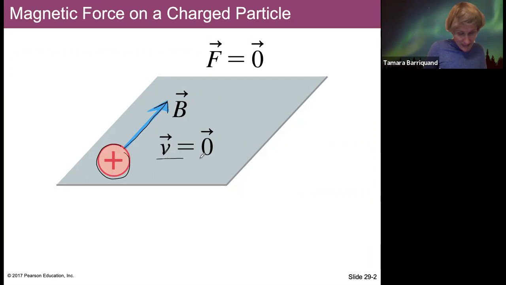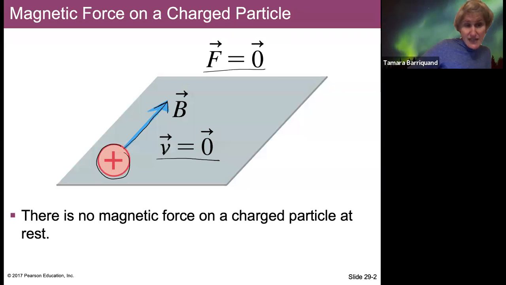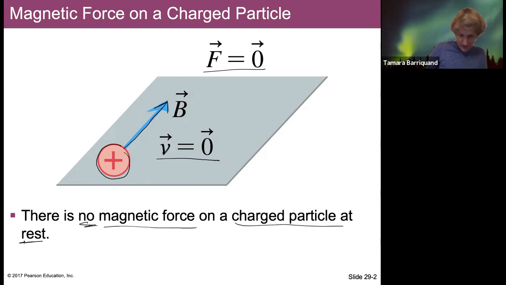Its velocity equals 0, so it's at rest. And in this case, the force on the charged particle is 0. So we can conclude that a charged particle at rest experiences no magnetic force in a magnetic field.